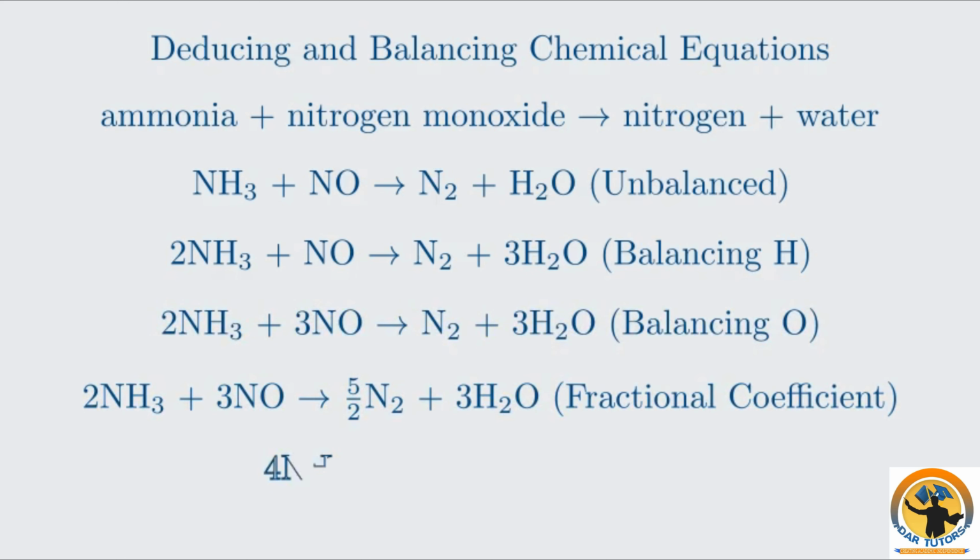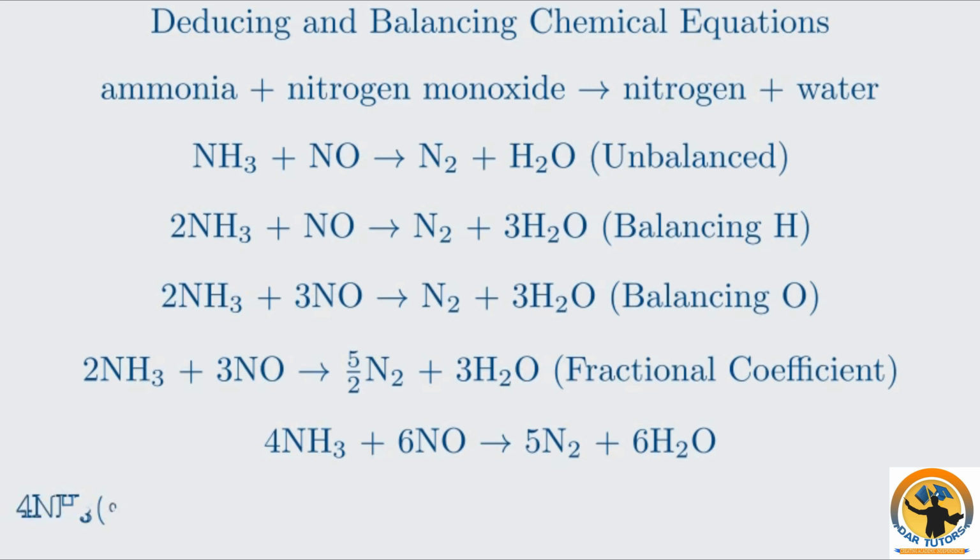To avoid fractional coefficients, we multiply the entire equation by 2. This gives us the final balanced equation: 4NH3 plus 6NO yields 5N2 plus 6H2O.